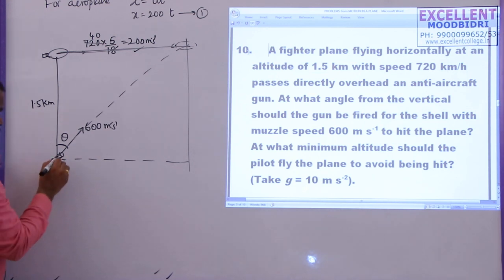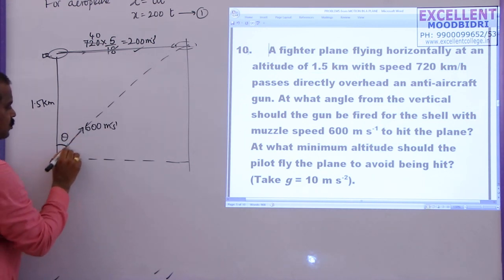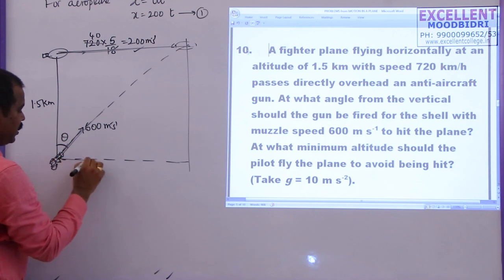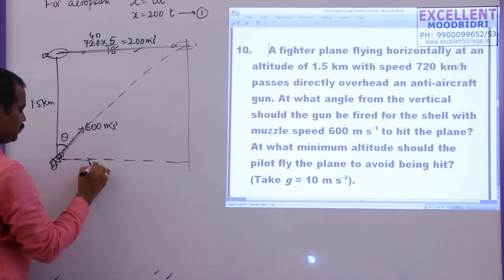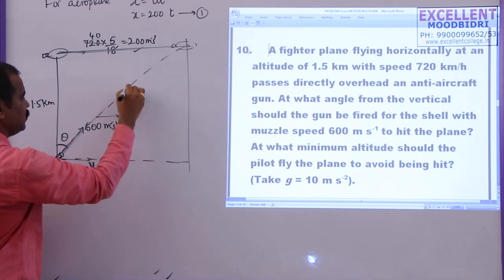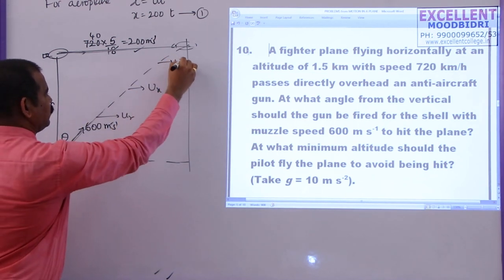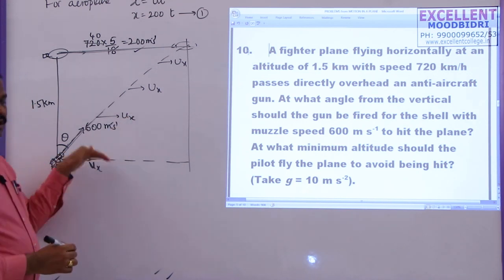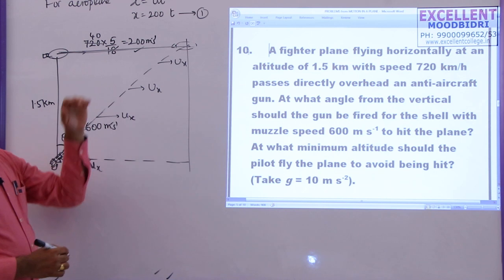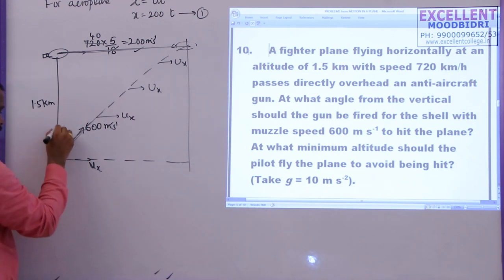Now for this shell, we know that as it is going, its horizontal velocity never changes. This is Vx, or Ux. So this horizontal velocity remains constant throughout the journey. But what about the vertical velocity here?